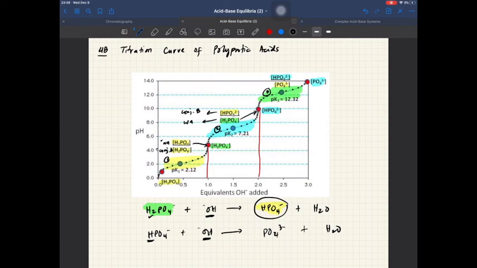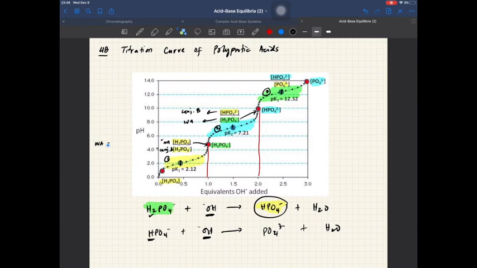That is where the buffer capacity is the strongest. The strongest buffer capacity is at the midpoint of each buffer region, which is when, once again, the weak acid concentration is equal to the conjugate base concentration.